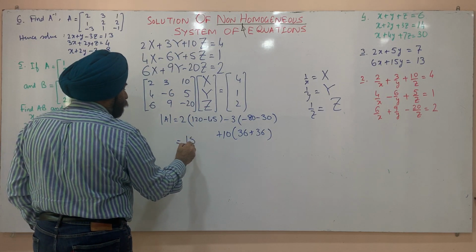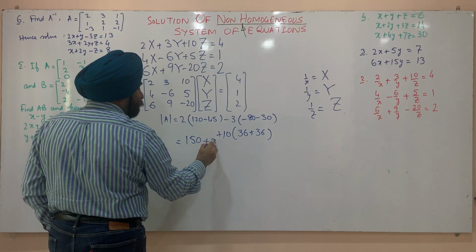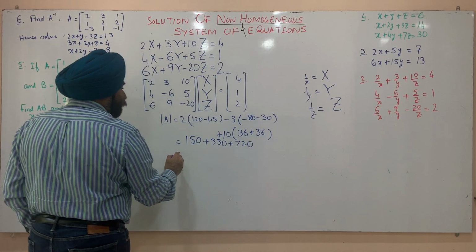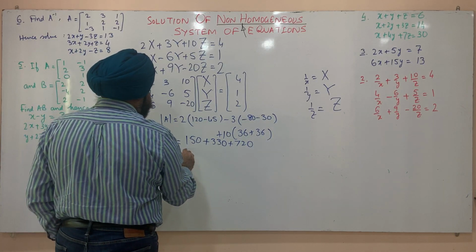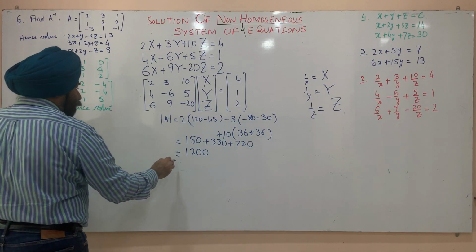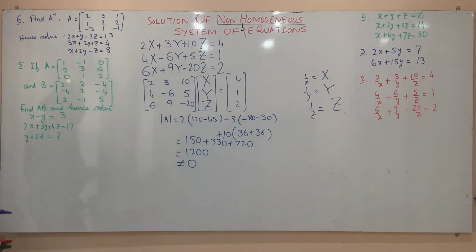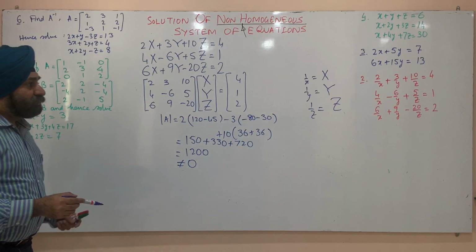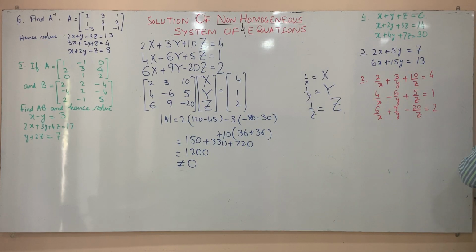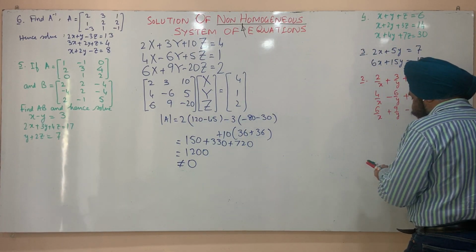This will be 150 plus this is 330 and this is 720. So that's 1200. This is obviously not equal to 0. Therefore, the system is consistent with the unique solution, which is given by X is equal to A inverse into B.